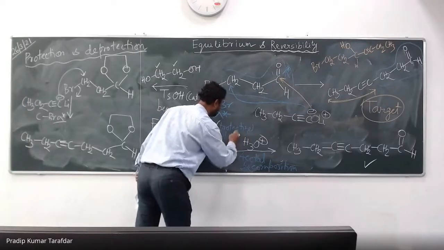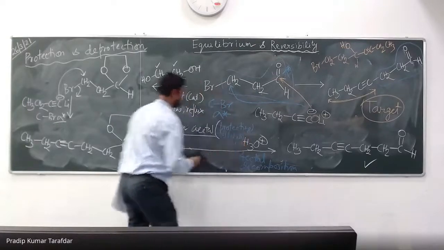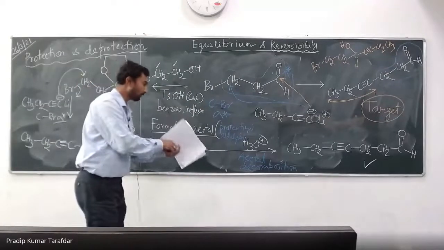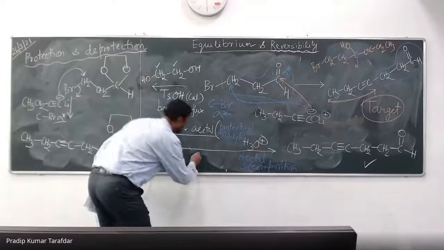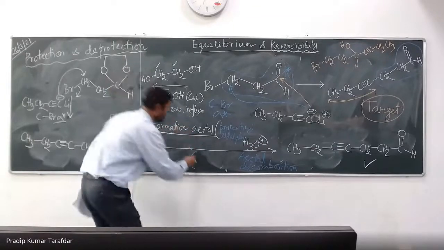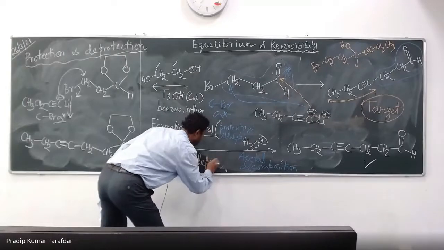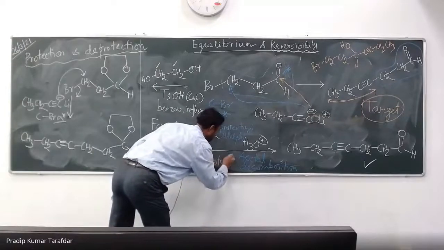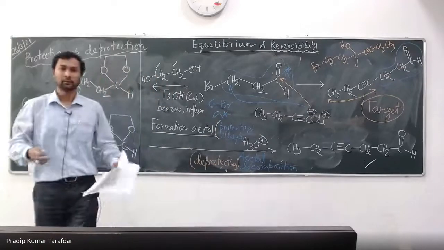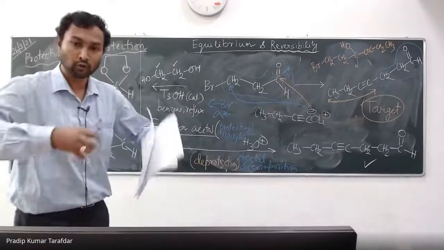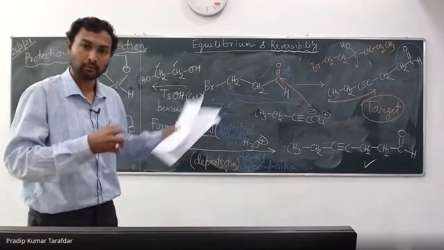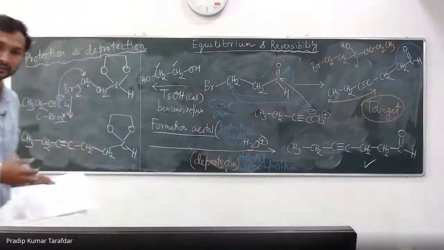Then you perform your reaction, and the third step is deprotection. Whatever alcohol, aldehyde you have protected, now you deprotect. With protection and deprotection, to get to a less reactive substrate, you can bypass the more reactive one. This is the strategy.